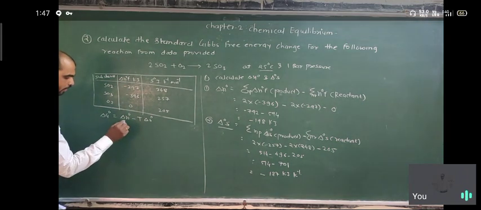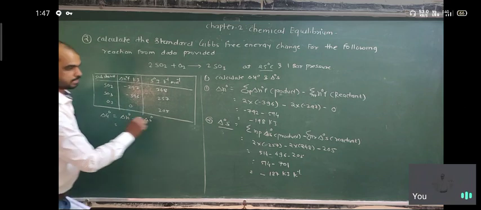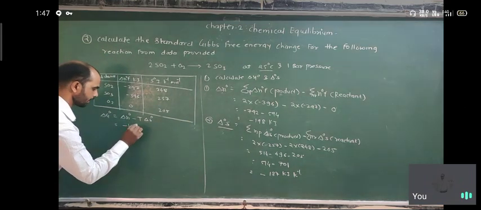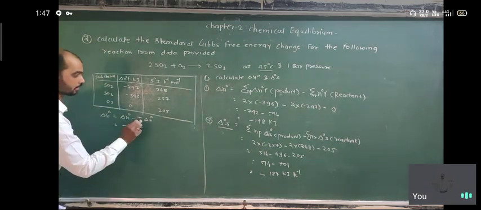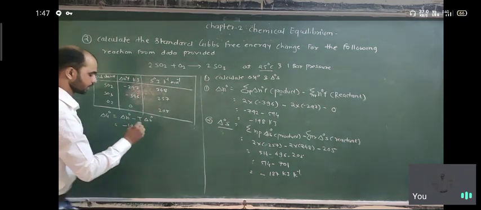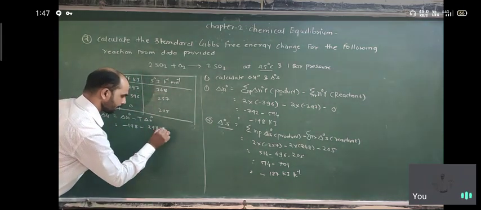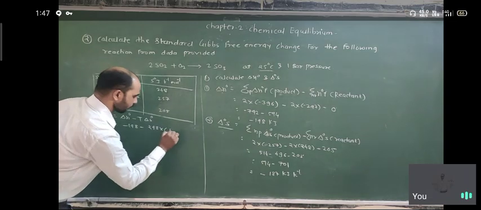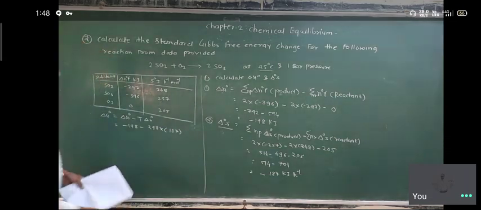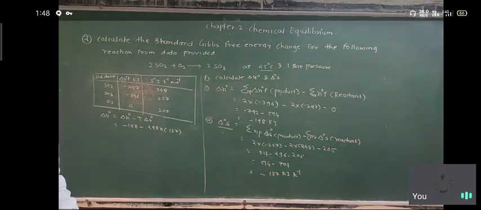So here delta H is minus 198 minus, and the temperature given is 25, which converts into 298 Kelvin, into 187.